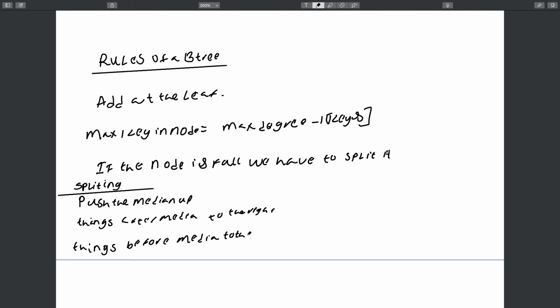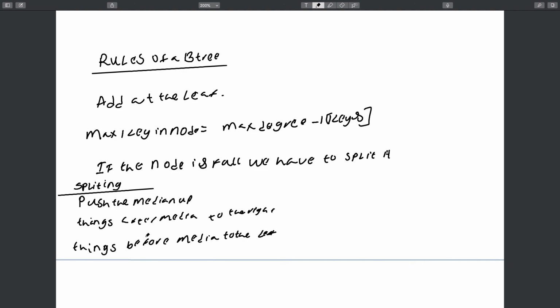And what else do we have to do? If it has children, then we split the children into two: we give the left the median of it, and we give the right the rest.